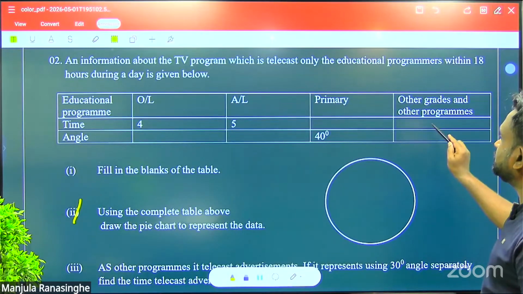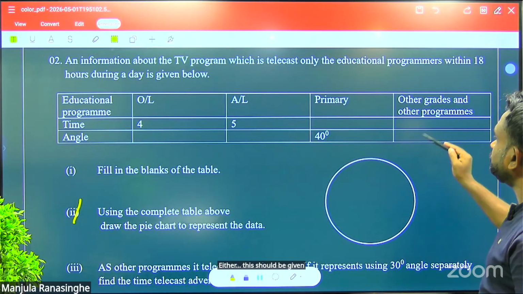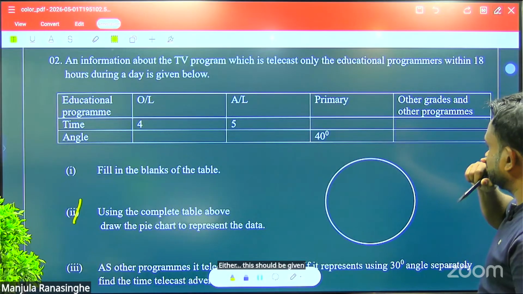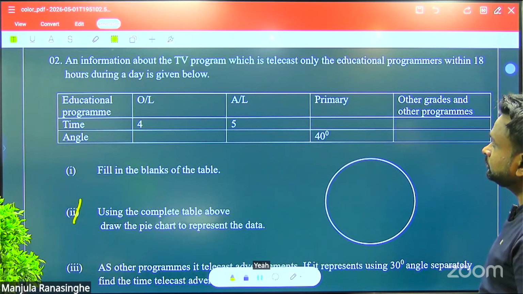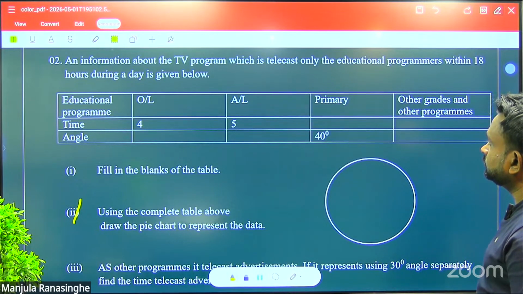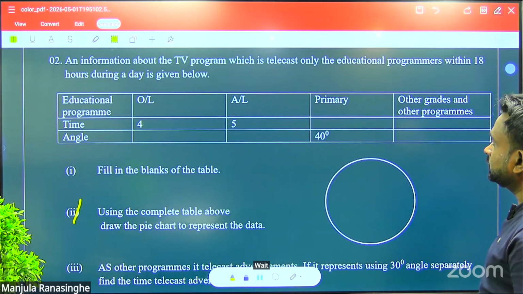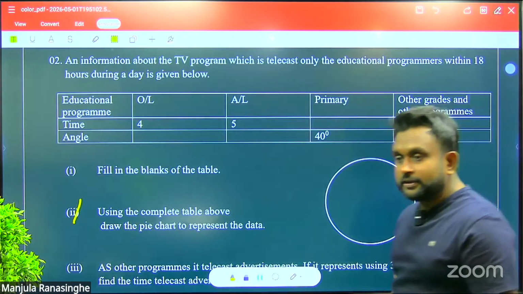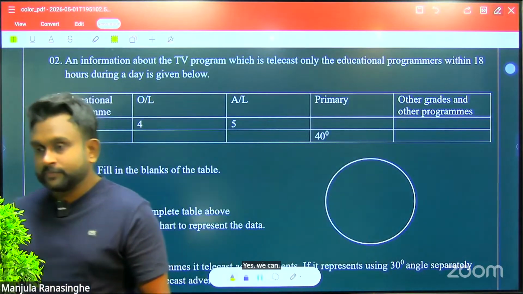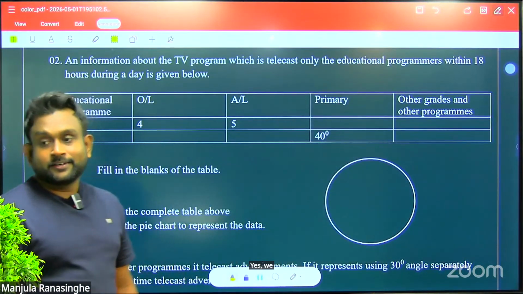Either this should be given. Yes, we can see that.